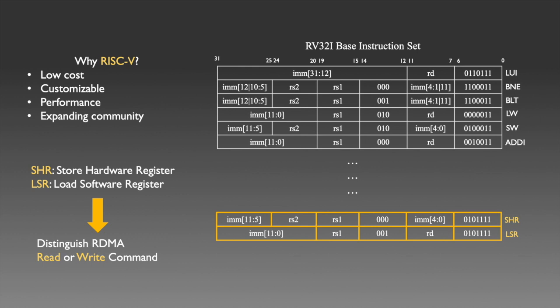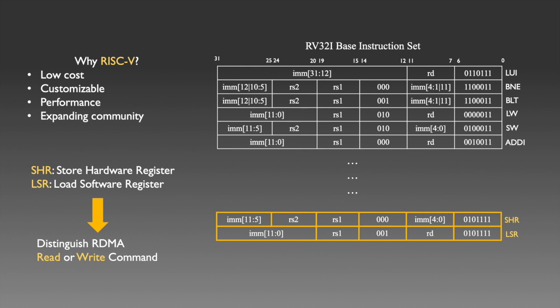In our design, we define 2 special instructions. The instruction store hardware register will store the input data of the FPGA, like read or write command, address, and data, into specific hardware registers. Then the driver will read these hardware registers and store data into memory directly.